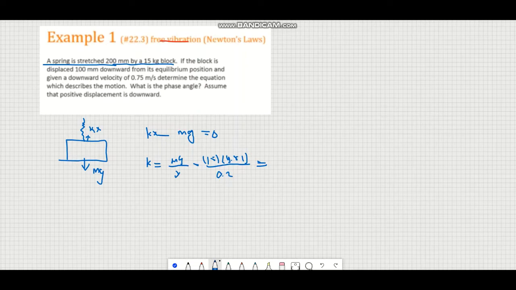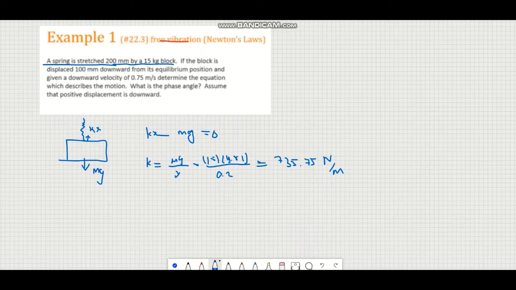Let me calculate and then come back. Okay, it's gonna be 735.75. What is the unit? It is Newton over meter.